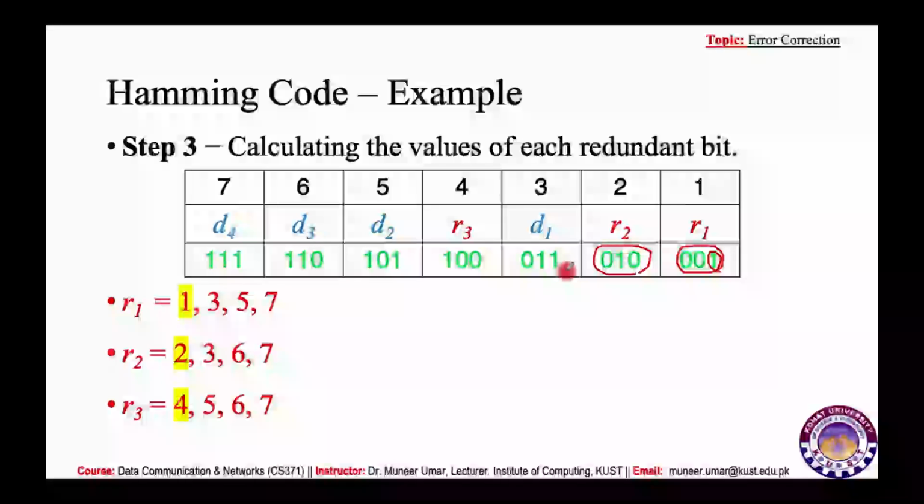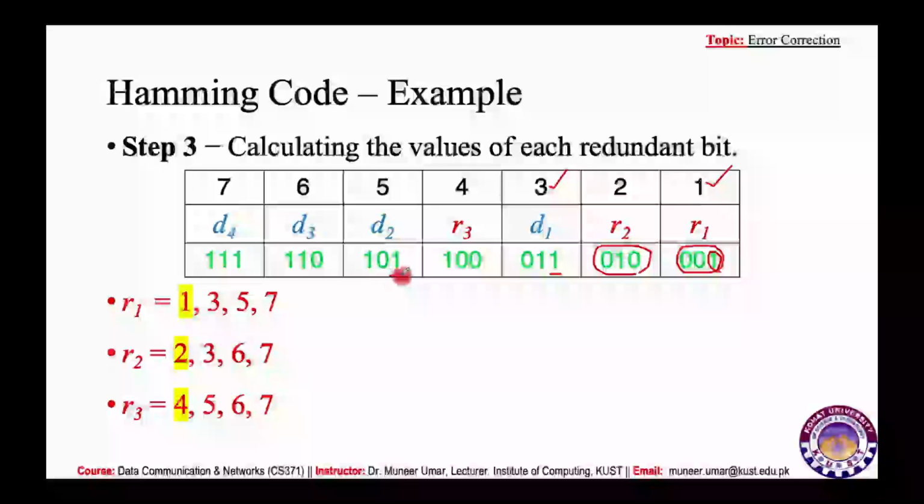So for R1, we must look into the first bit in all these positions. If the first bit is equal to 1, then that is considered by R1. So this one is R1 itself. Here the first bit is equal to 1, then this is equal to 0. This is not part of R1.